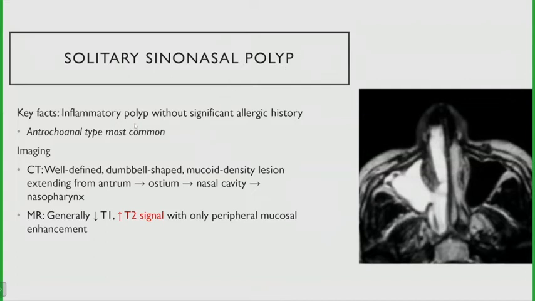These are inflammatory polyps without any significant history of allergy, and the most common type is antrochoanal. On CT, we can see a well-defined dumbbell-shaped mucoid density lesion starting from the antrum and extending through the ostium into the nasal cavity and into the nasopharynx. Generally, these are T1 hypointense and bright on T2 with only peripheral mucosal enhancement.